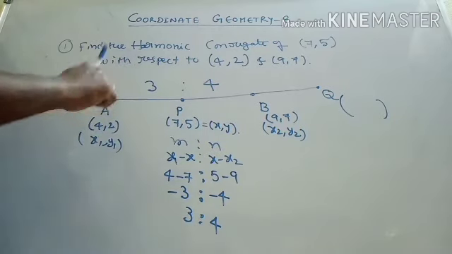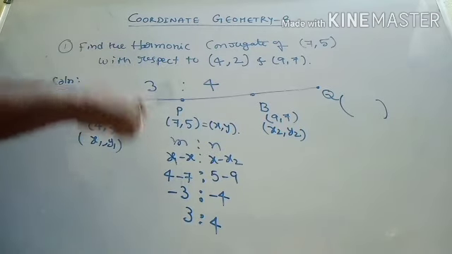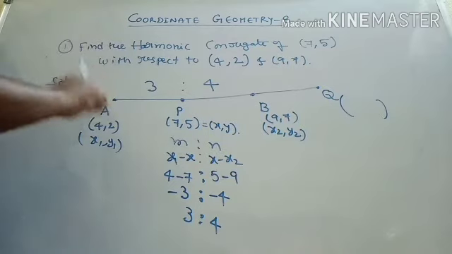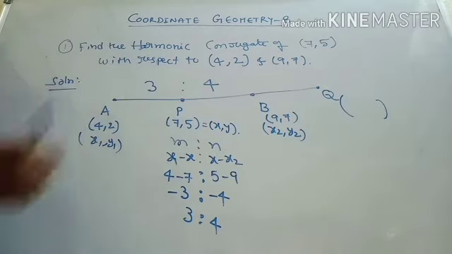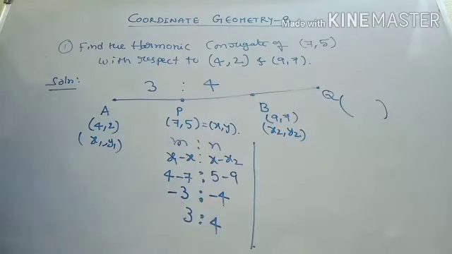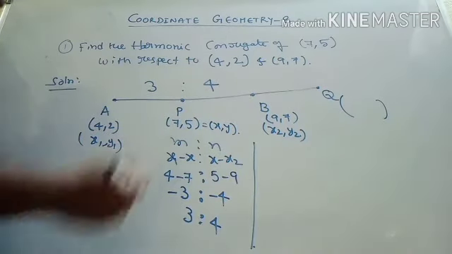Now we need to get the point Q which divides AB externally in the ratio 3 is to 2. How are we going to get the external ratio division?